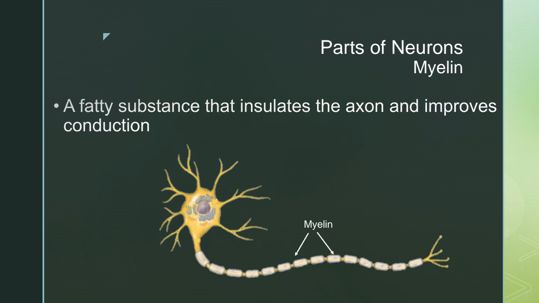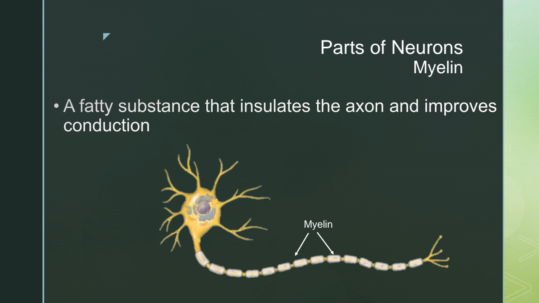Okay, so next we have another key part of the neuron, which is the myelin sheath. Many axons are coated with myelin sheath, which is a fatty substance that acts as insulation for the axon.